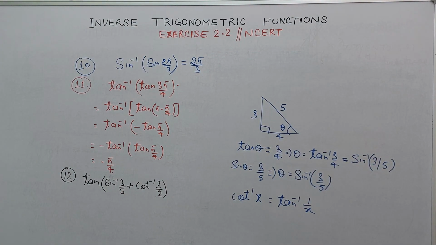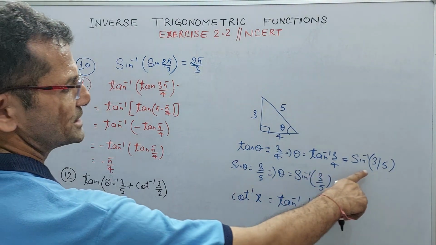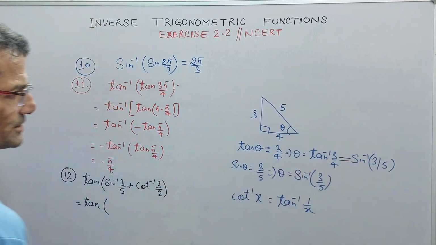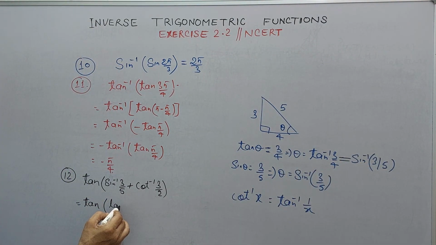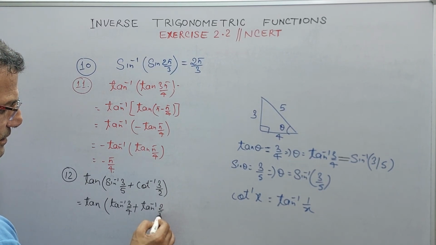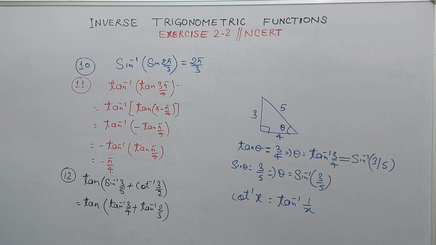Therefore finally our expression changes in this way: sine inverse 3 upon 5 is replaced by tan inverse 3 upon 4, and plus cot inverse is changed by just interchanging numerator and denominator, which comes out tan inverse 2 upon 3. So both are in tan inverse now.